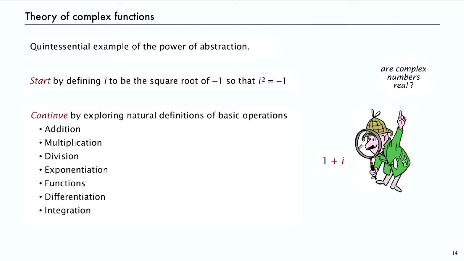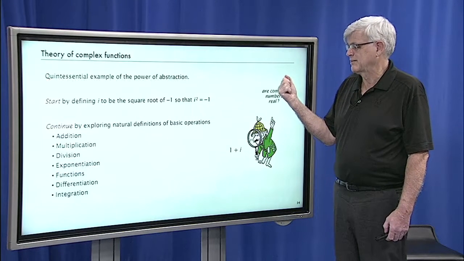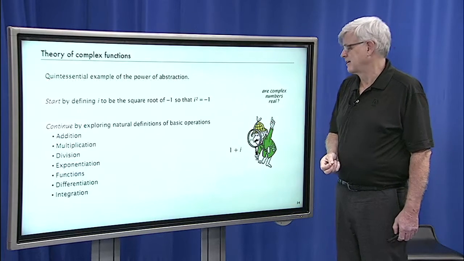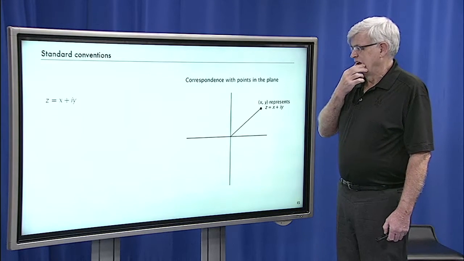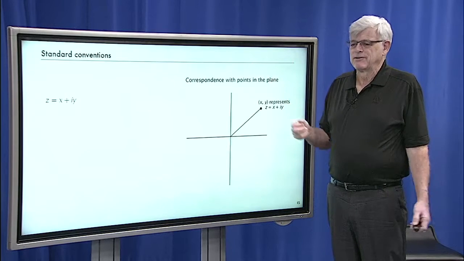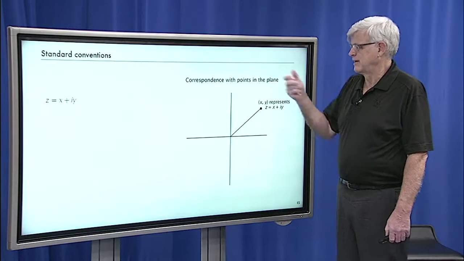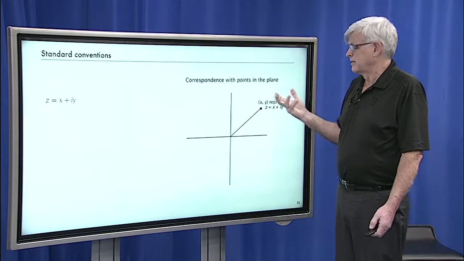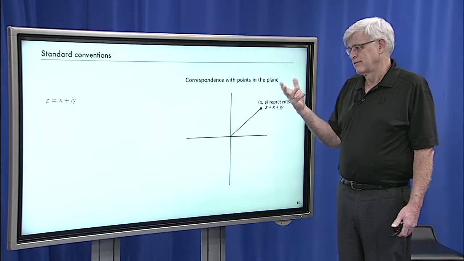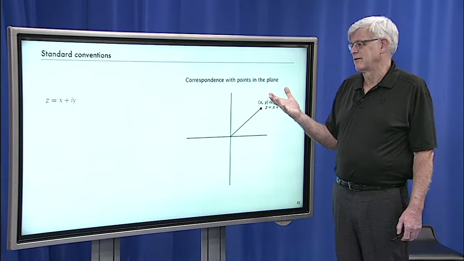This leads to a whole theory that not only is beautiful in its own right, but also turns out to have many, many applications in science, in mathematics, and in particular analytic combinatorics. So there are many standard conventions, and I'm going to go quickly through these, but many of them are elementary.